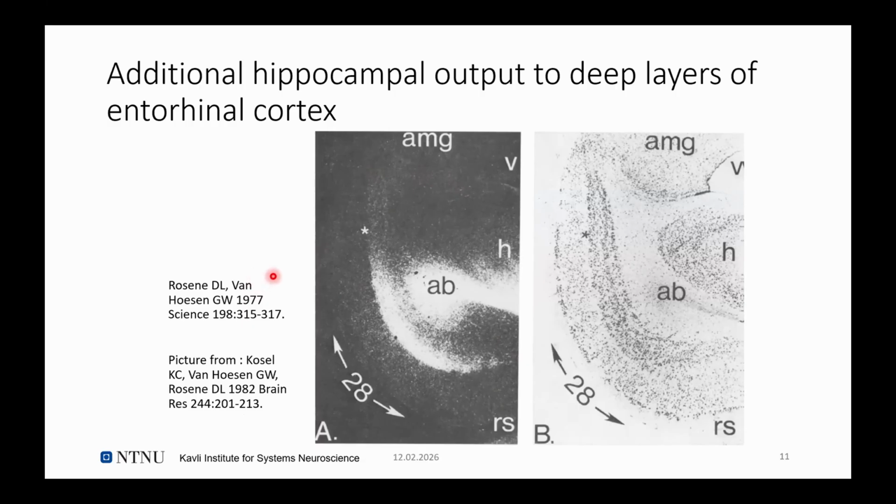They all worked on this project together, and they showed by doing an anatomical tracing experiment, making an injection of tritiated amino acids in the medial temporal lobe, in the hippocampus, that you get a beautiful labeling of axonal terminals in the deep layers of the entorhinal cortex.